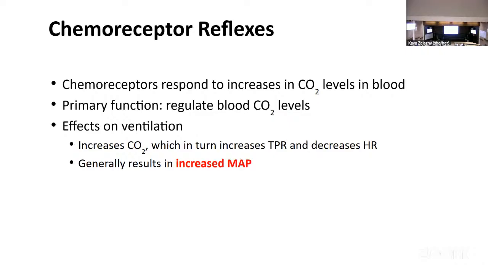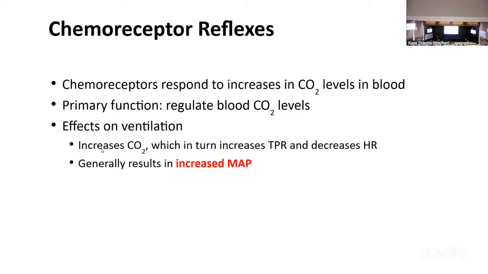Okay. From the perspective of our mean arterial pressure, overall we tend to see an increase in mean arterial pressure. Our bigger effects will come later on when we think about ventilation. When we see these increases in carbon dioxide, we're going to see two things, right?